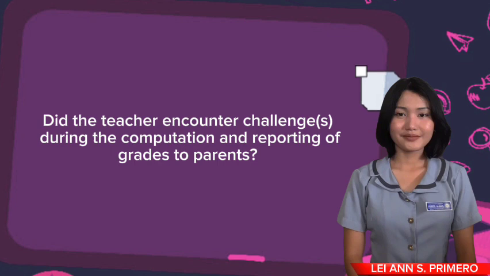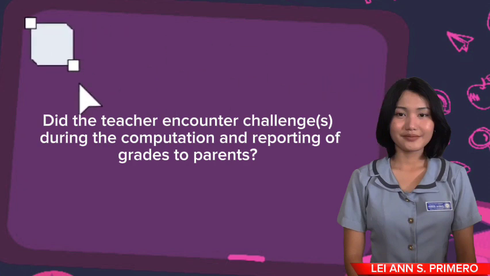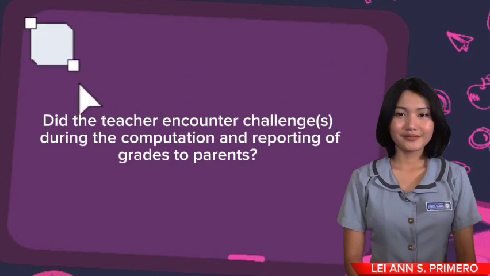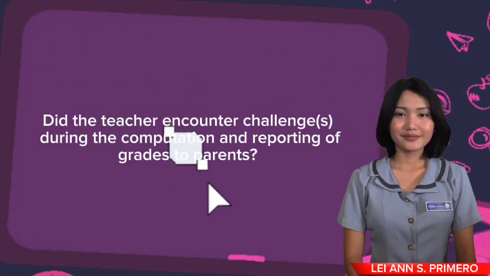Establish open lines of communication with parents, regularly updating them on their child's performance, not only during report cards. So this will help address concerns promptly, and by these strategies, teachers can navigate challenges more effectively and contribute to a transparent and constructive partnership with parents in supporting students' academic success.